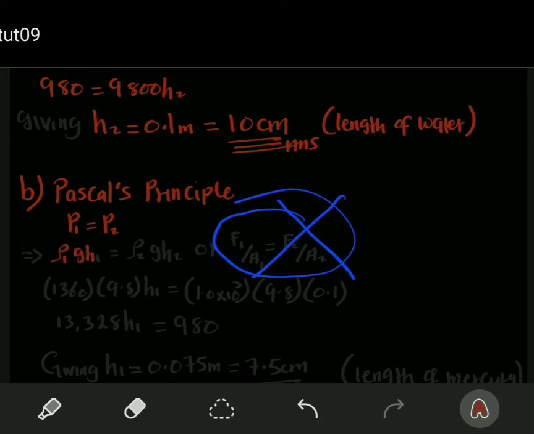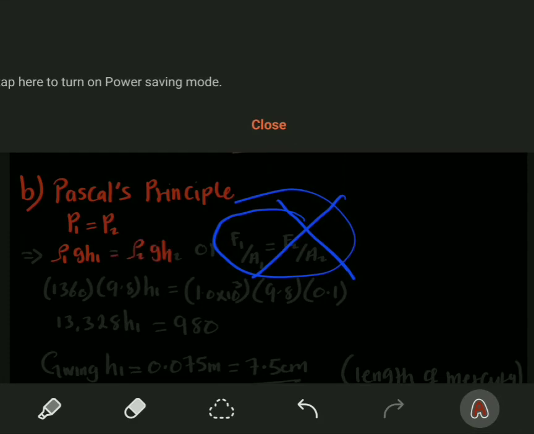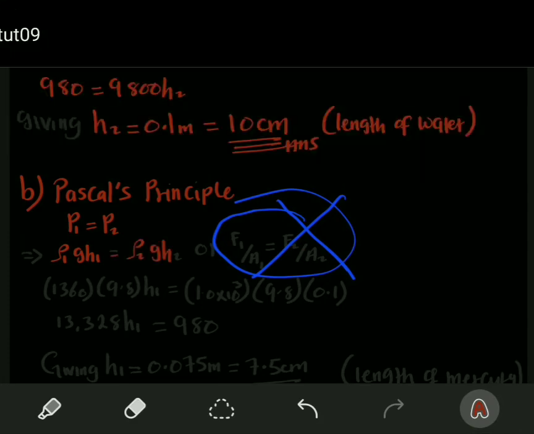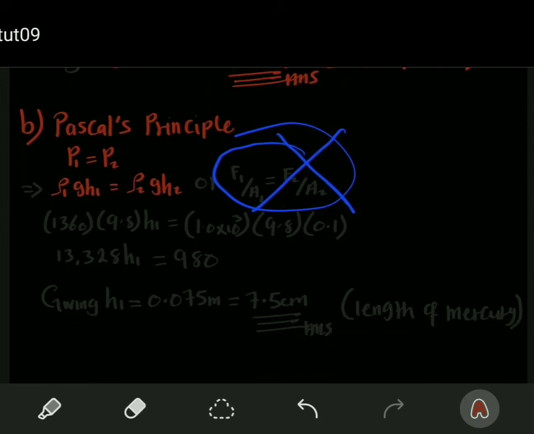So P1, which is rho 1, density of fluid 1, which is mercury, multiplied by g times the height or the length of column 1, must equal the density of fluid 2, which is water, multiplied by g and multiplied by the length of column 2. Now the length of column 2 was just found to be 0.1 meters.